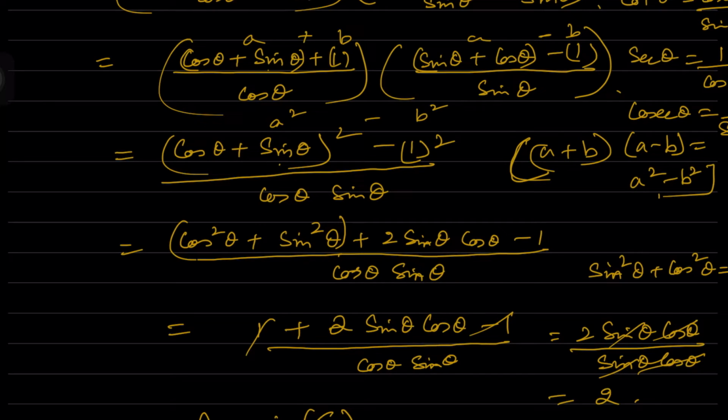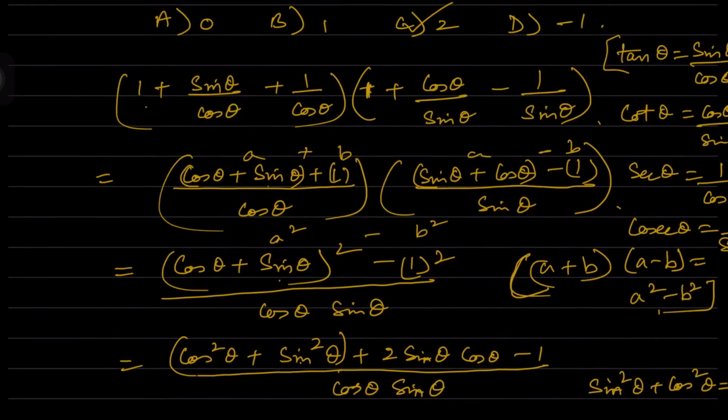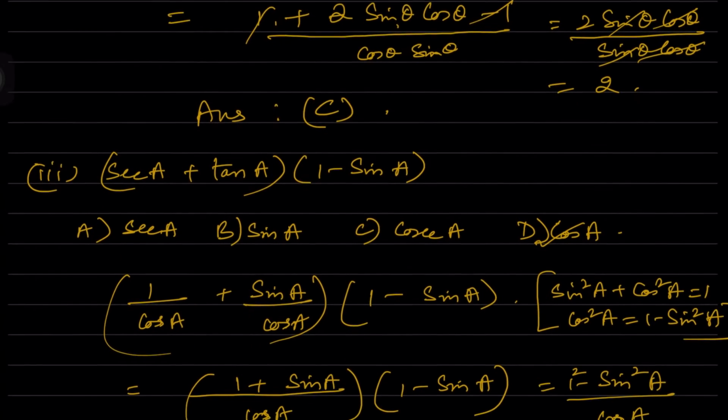If you expand this A plus B whole square, you get cos square theta plus sin square theta plus 2 sin theta cos theta, that is A square plus B square plus 2AB, minus 1. Now what is cos square theta plus sin square theta? It is 1. This is minus 1 and plus 1, which get cancelled. So you get 2 sin theta cos theta by sin theta cos theta. These you can also cancel. Therefore the answer is 2, and the option we get is C.